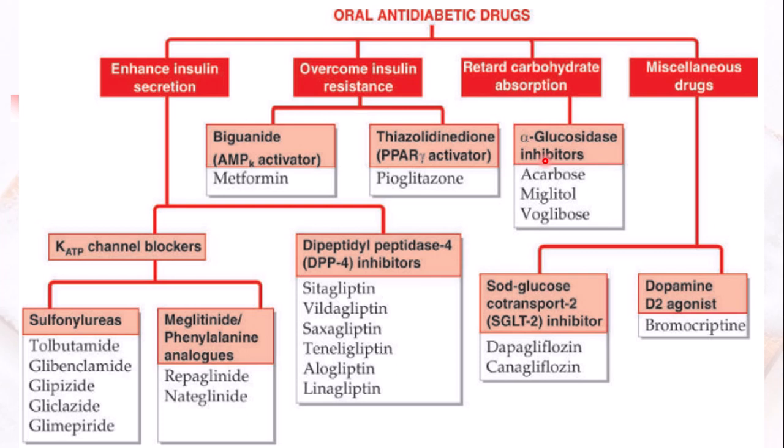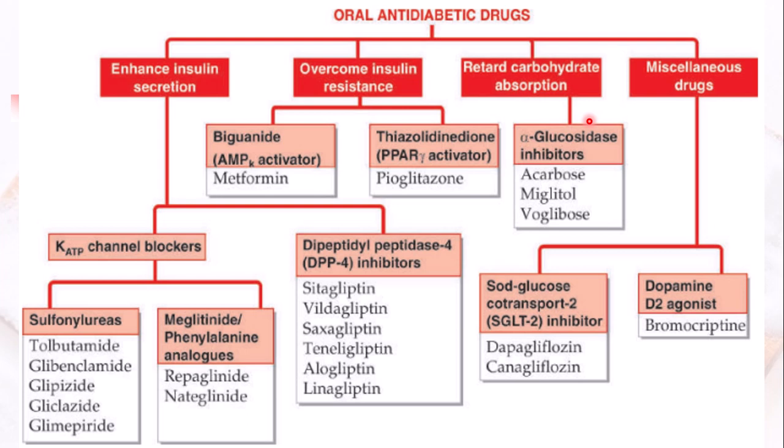prolongs the digestion. Alpha glucosidase inhibition also prolongs the digestion of carbohydrates, meaning there will be a prolonged breakdown of carbohydrates, and as a result there will be decreased absorption of glucose, which results in decreased levels of glucose in blood.